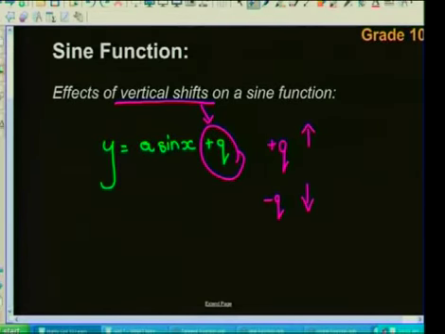Okay, and when I say shift, if we think about the function we've just worked with to look at the effect of the amplitude, the actual graph did not move. We didn't lift the sine function up and move it somewhere else. All that happened was that the height became higher, and the amplitude changes.